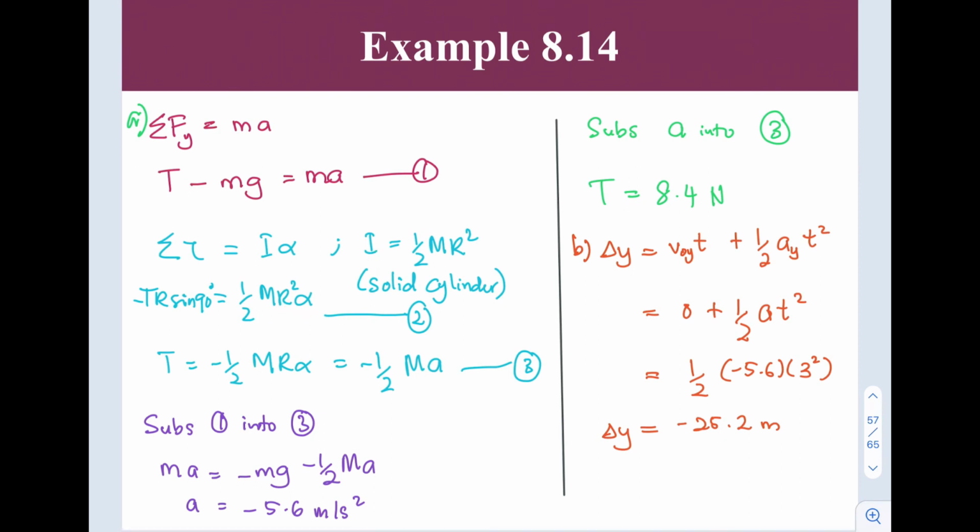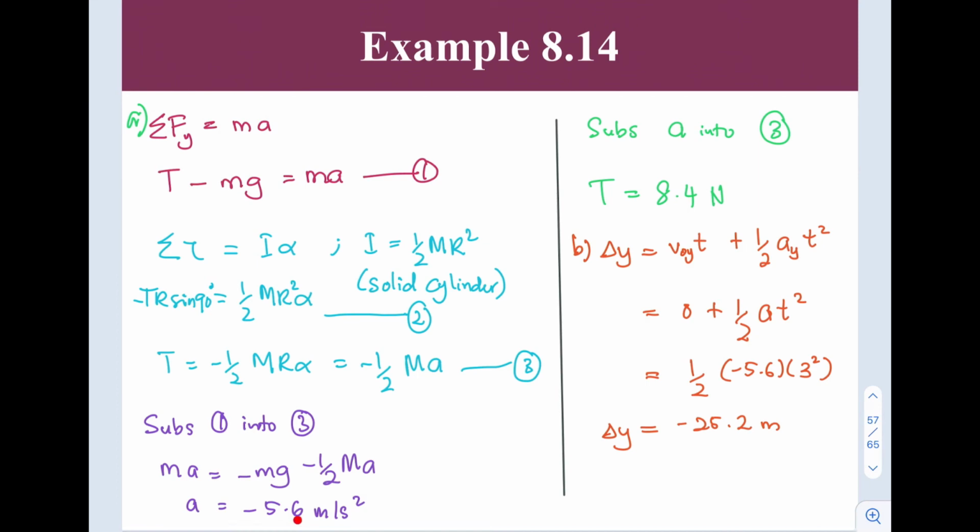It is equal to half MR squared alpha. Rearranging so that T becomes the subject, we have negative half M R alpha, where we know that R alpha is actually A. So this will be our third equation.